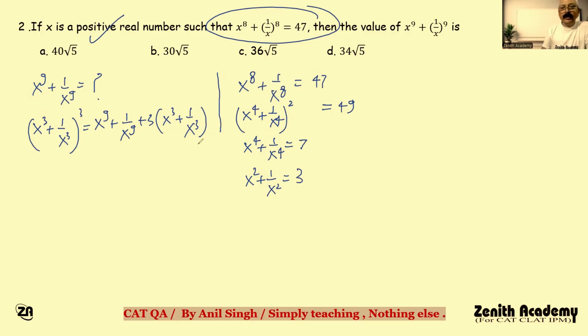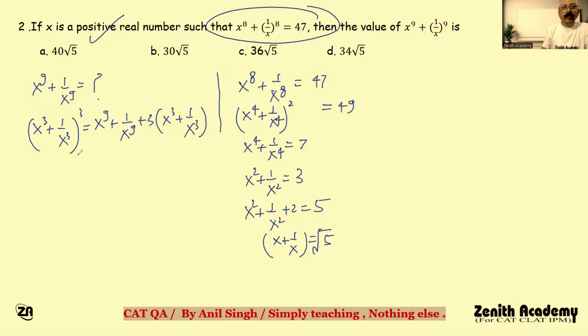So here, if I add 2 this time, then it is (x plus 1 upon x) whole square equal to 5. This 5 means we can write it like this.